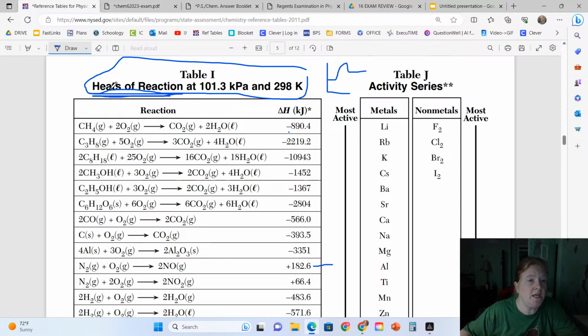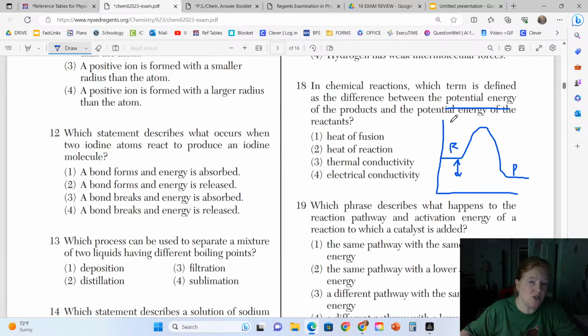So heat of reaction is always, this is just a definition question, I would just put a diagram to remind myself. The heat of reaction, or delta H, is always products minus reactants. They have to go in that order so you get the right negative or positive sign. All right, so that was 18.